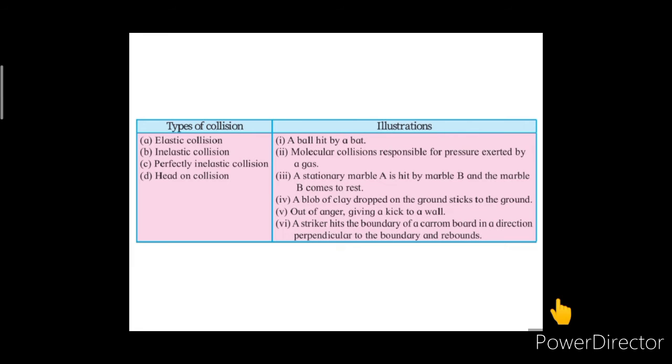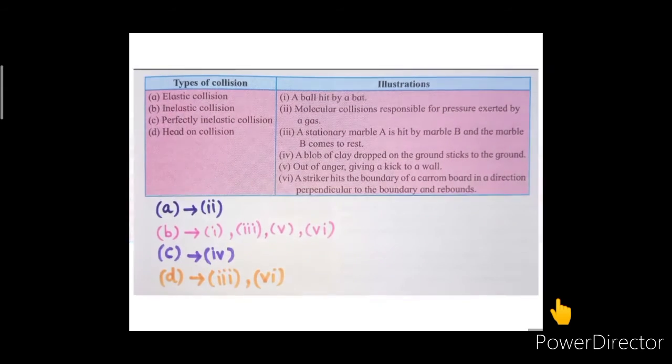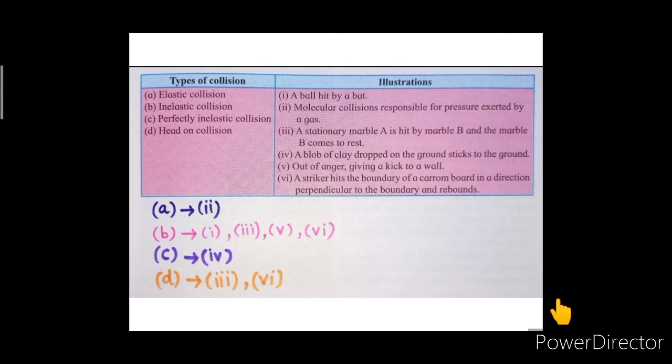So, here we have to match the type of collision with its illustration. Let us see the solution. As for the elastic collision, our assumption is that the total linear momentum before and after the collision is the same.